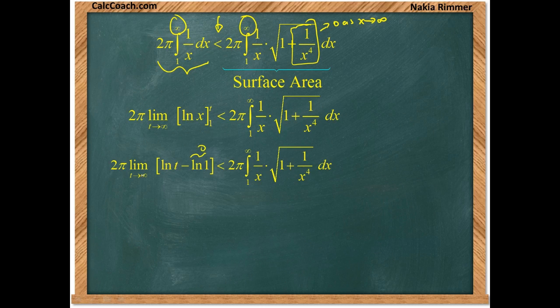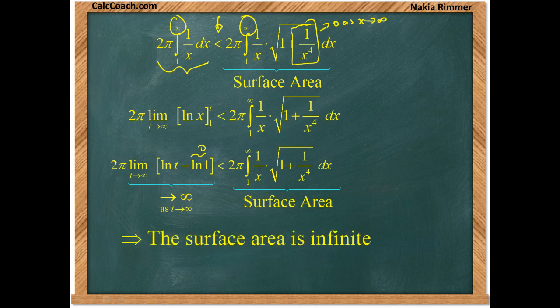But as t gets big, natural log gets big, although it grows very slowly. And so what happens is that we get that this will approach infinity as t approaches infinity. So our surface area is larger than this. Well, so it's also infinite.